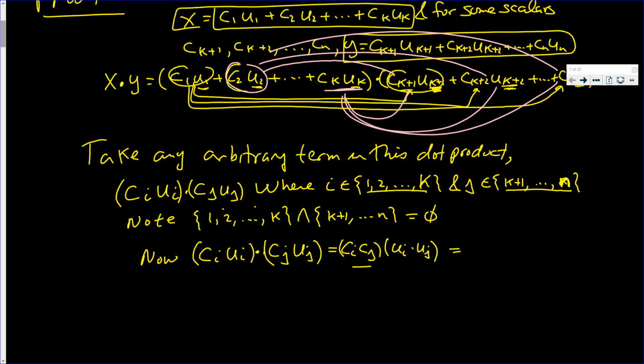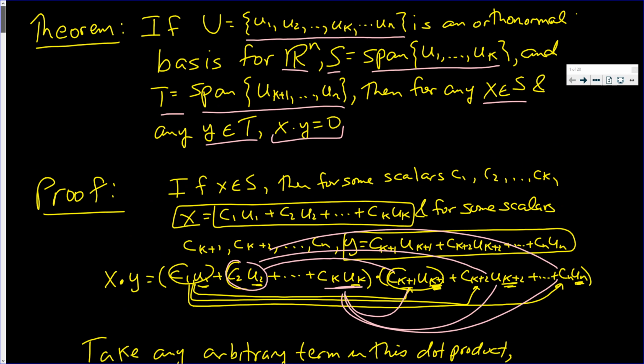And what we get here is C_i C_j times 0, because the vectors in the set U are orthonormal.